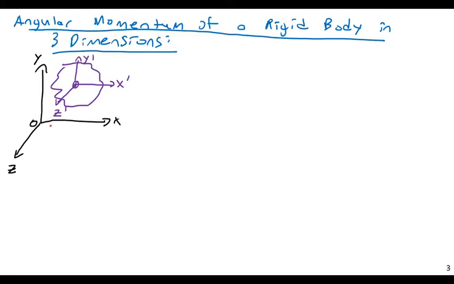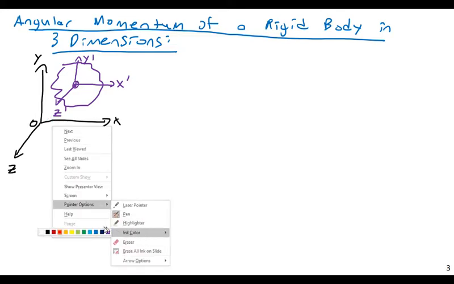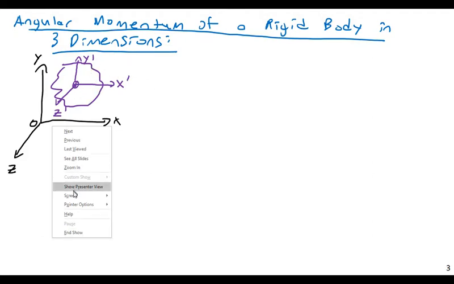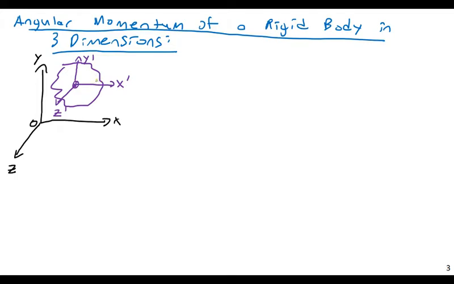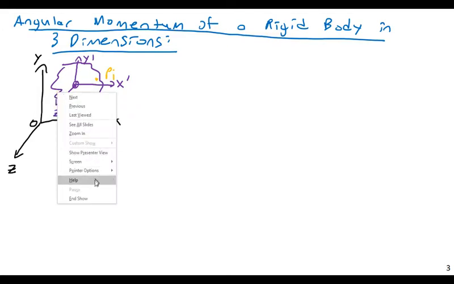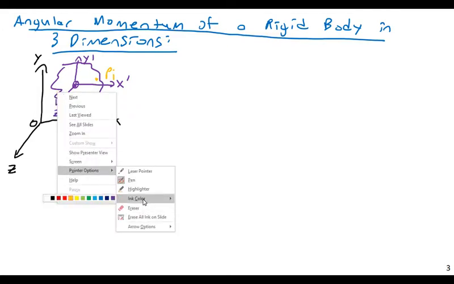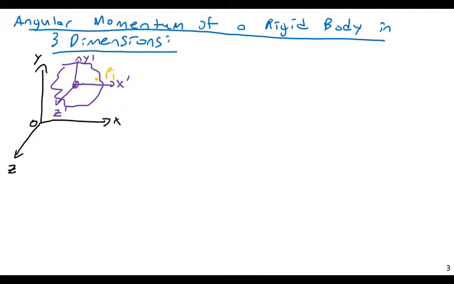Actually, that's a little bit off, sorry about that. Ri prime is going to be for a given piece of the object here. So if I consider a small particle Pi in this general three-dimensional body, Ri prime would be the vector from the center of mass to that given point.